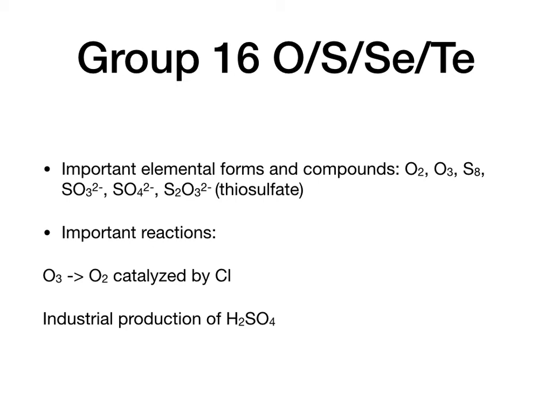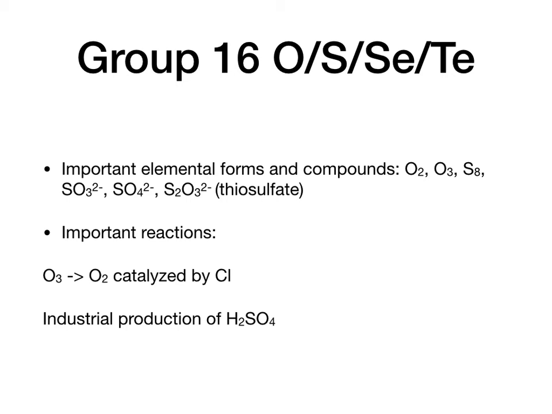The important reactions in this category, the first one is the conversion of ozone to dioxygen catalyzed by chlorine atom. This is the process that is responsible for the depletion of ozone in certain regions of Earth.